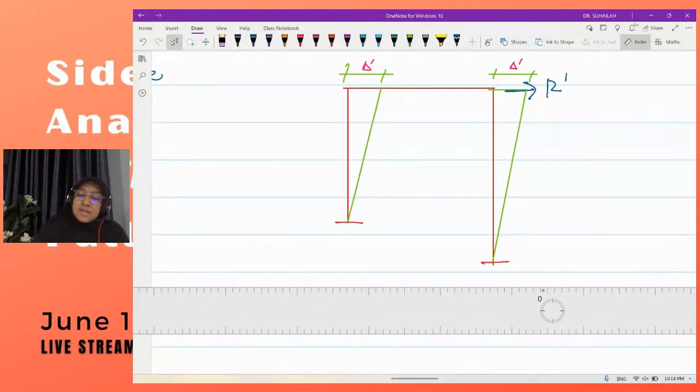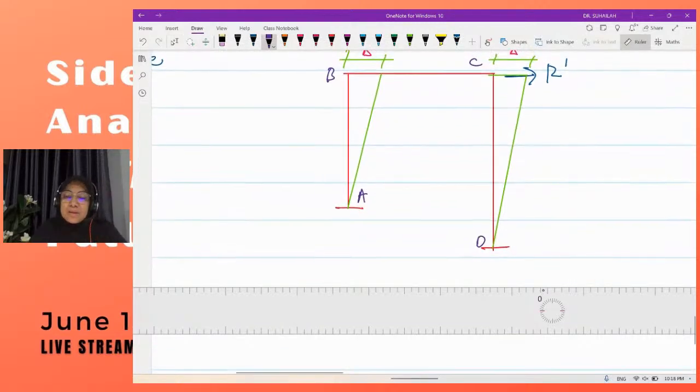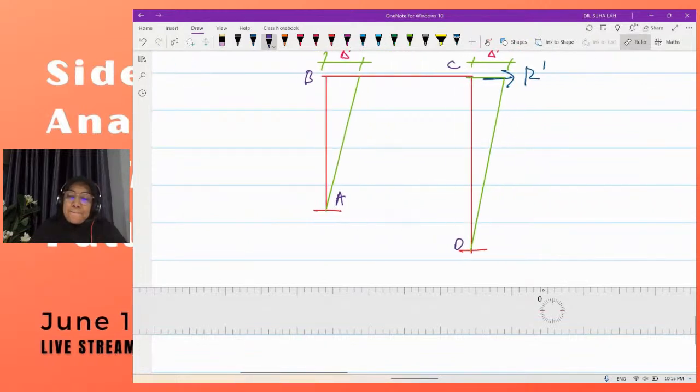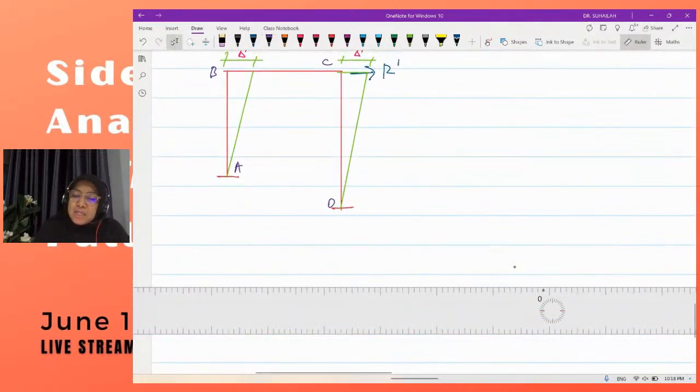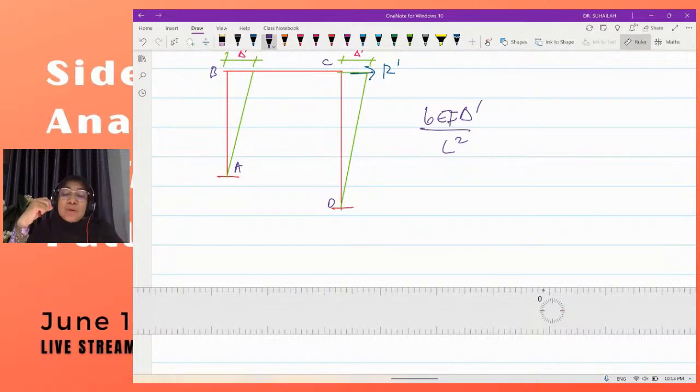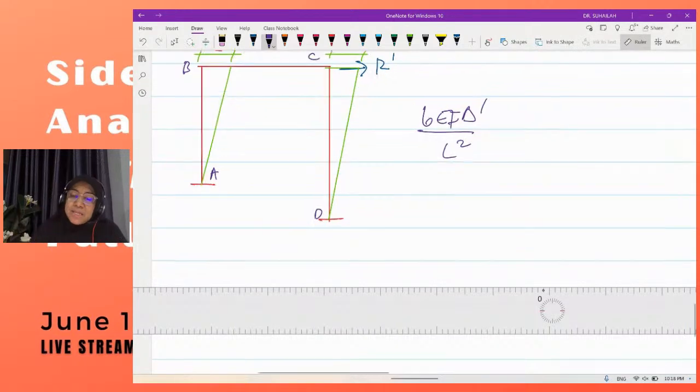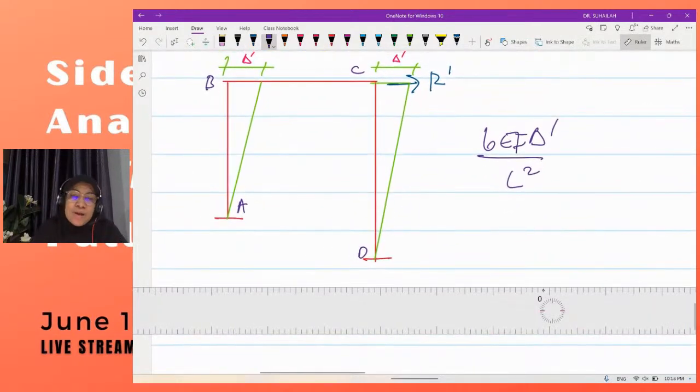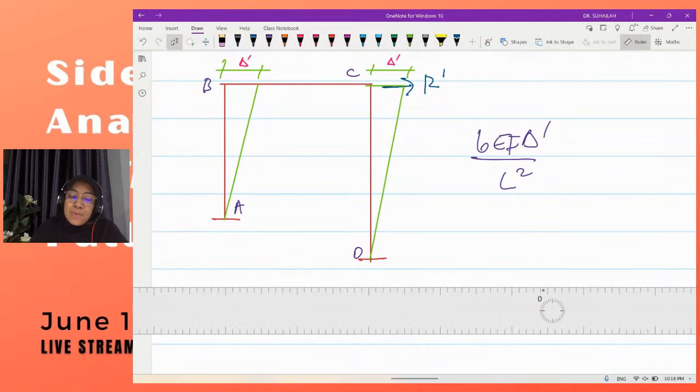So this one has A, B, C, D. We will use the formula 6EI delta prime over L squared. This is the one formula to calculate FEM due to delta. We will only have the fixed end moment for member AB and member CD.